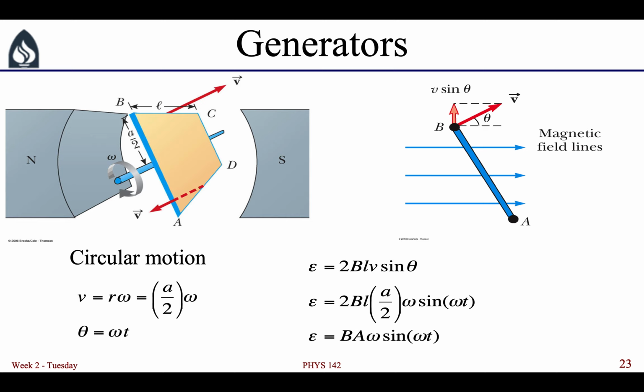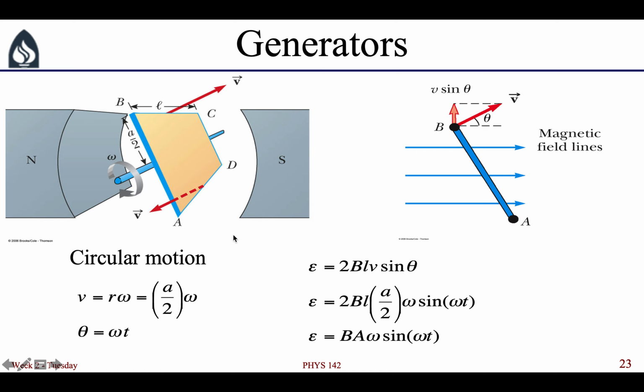So if we want to analyze what's going on inside a generator, we need to look at this coil of wire that's rotating in the magnetic field. When we look at this, it's easiest to look at the edges of the coil. Let's say we have a rectangular coil, and we can look at what the top edge is doing and what the bottom edge is doing.